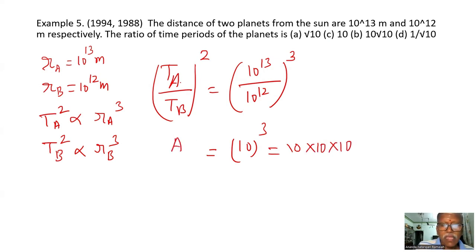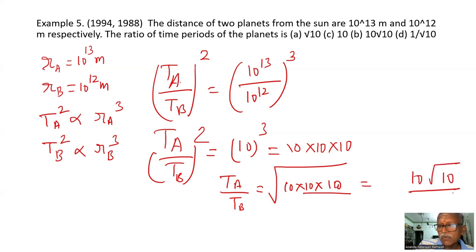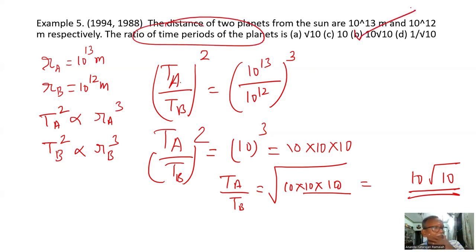Therefore, TA divided by TB equals the square root of 10 multiplied by 10 multiplied by 10. These two are 100, that is equal to 10. This you have to keep as such, root 10. 10 root 10. Therefore, TA by TB, the ratio of the time periods, equals 10 root 10. B is the answer.